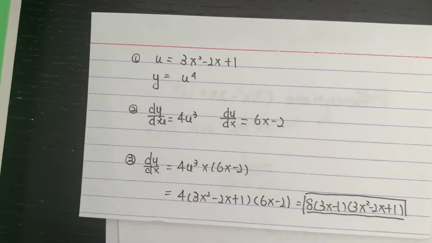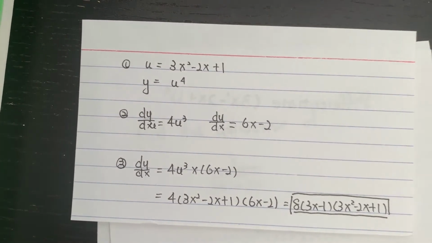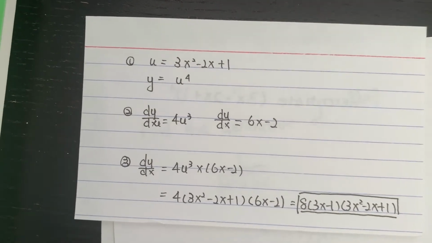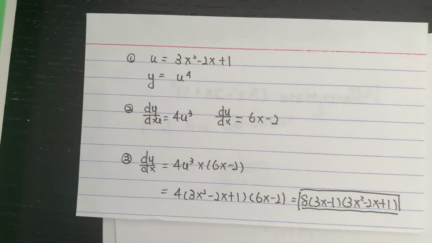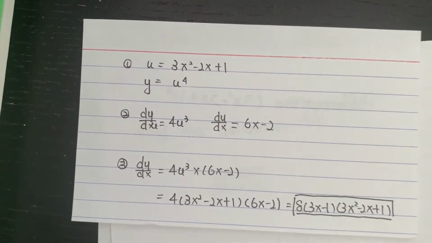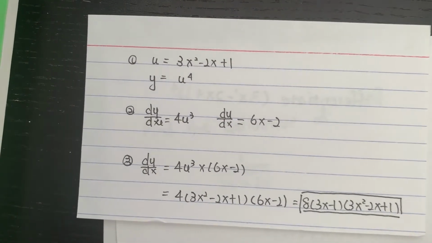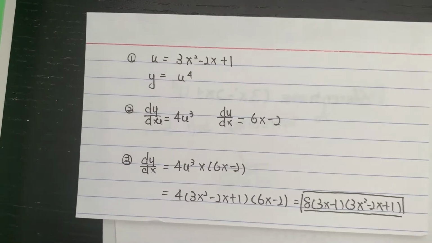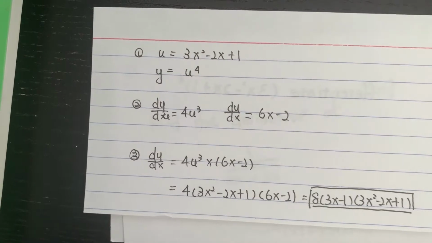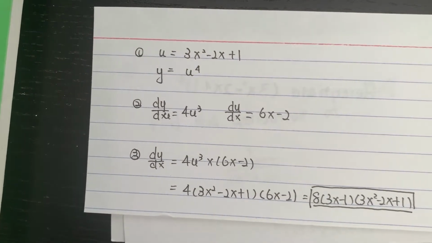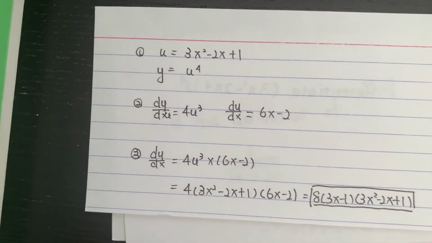And then we multiply them together. And the answer, if you simplify it at the end, is 8 times (3x minus 1) times (3x squared minus 2x plus 1) cubed. Again, you have to have an idea that there are different functions in the total function, and you have to layer them out and use the formula to integrate them together.